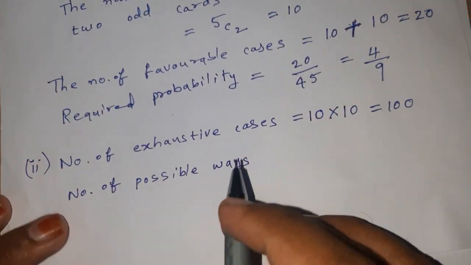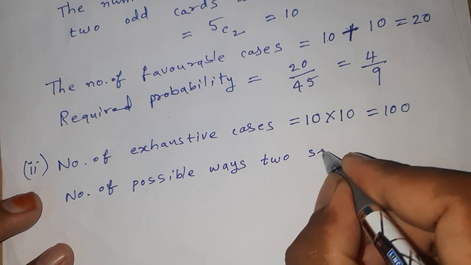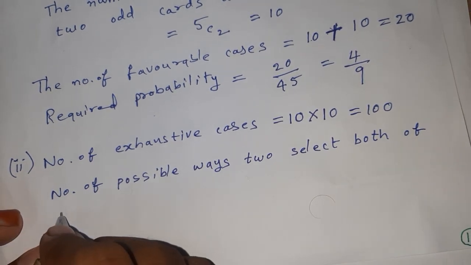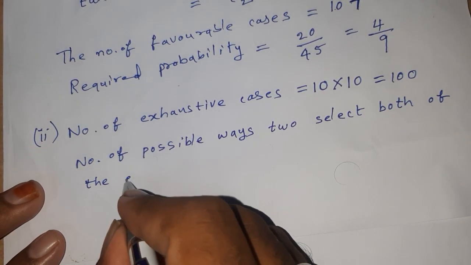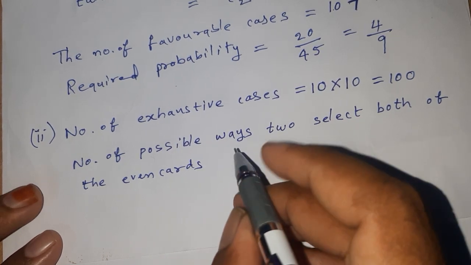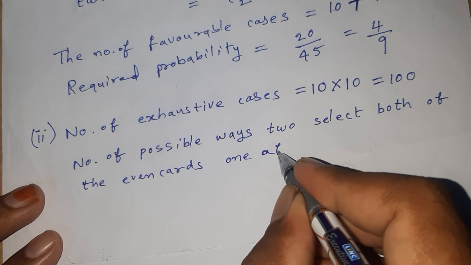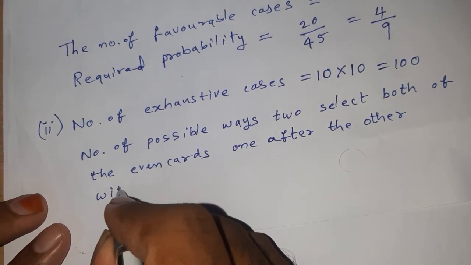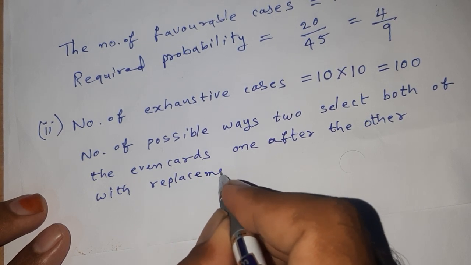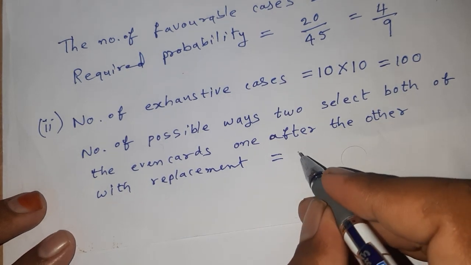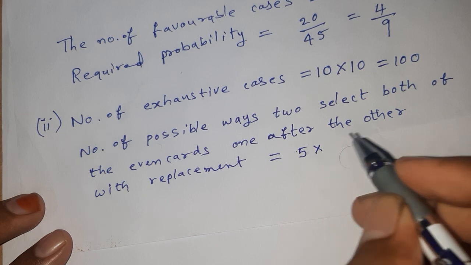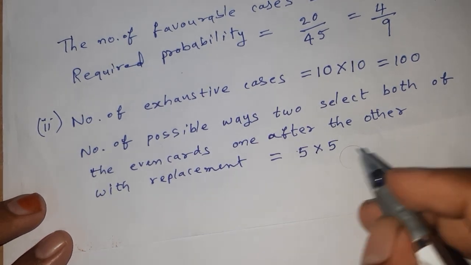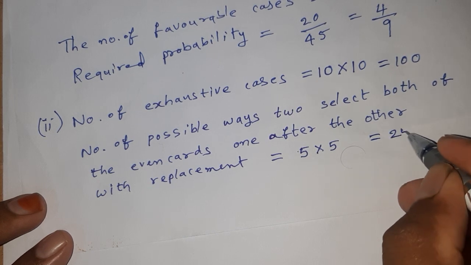Therefore, the number of possible ways to select both of the even chords, one after the other with replacement, is equal to: first we select one even chord, there are 5 ways, into, since we replace it, there are again 5 ways to choose among 5 even chords. Therefore 5 into 5, 25.